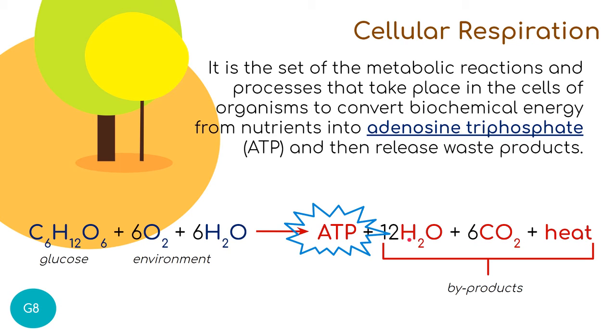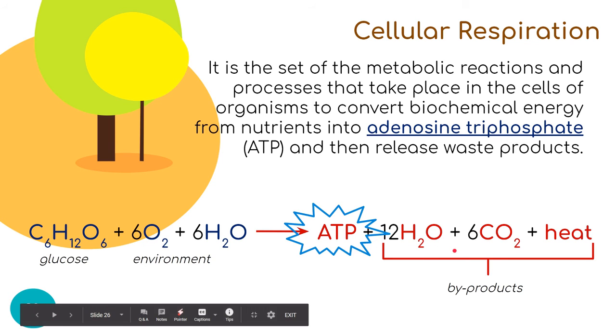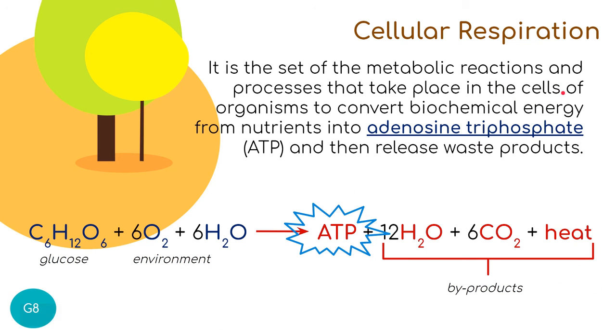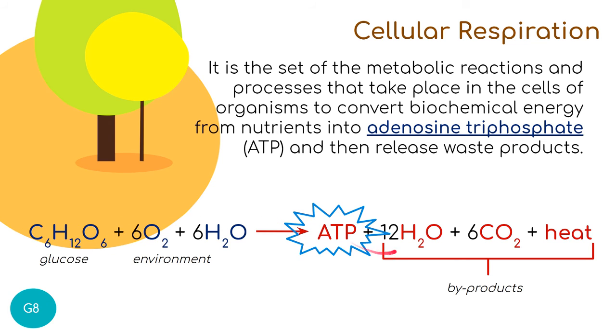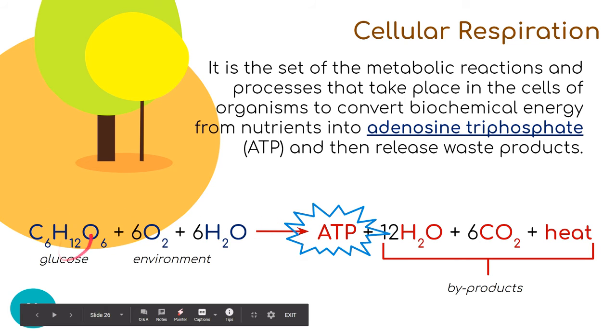This is why we need to urinate and we need to breathe out carbon dioxide, because those are the byproducts of all the trillions of cells in your body. This is why we need to eat, we need to take in oxygen, and we need to drink water, just so we can harvest that chemical energy, that ATP, from the chemical bonds of glucose, and why we need to get rid of body waste.